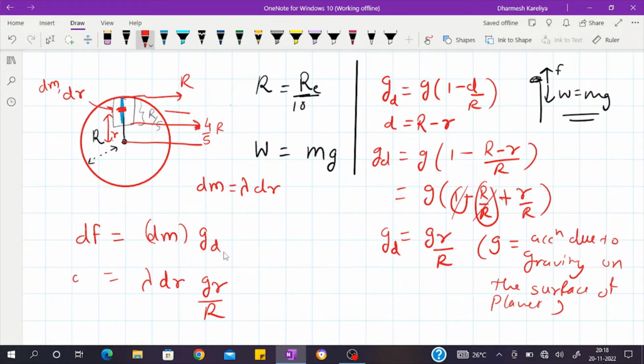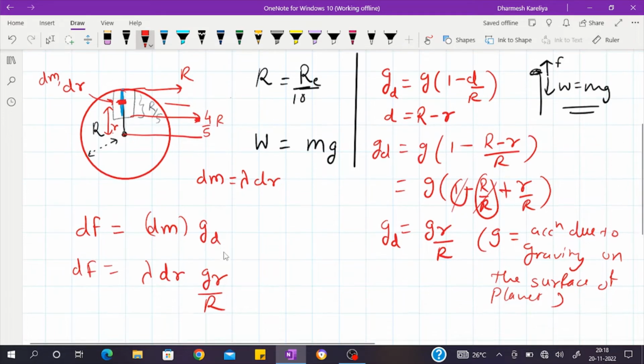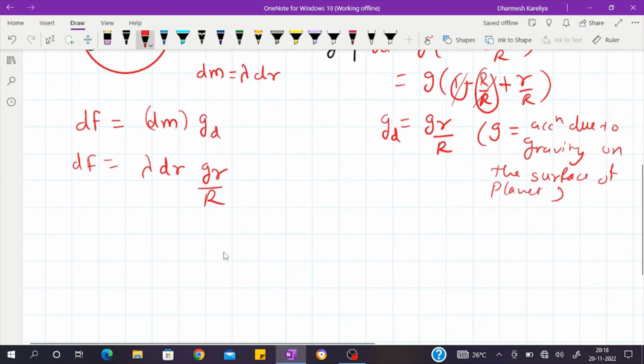So let us find the total force. dF is the force on the small element, the force to lift that small element. So the total force will be the integration of lambda g by R, these are constant, r dr, and the limits of integration are from 4R by 5 to R. Okay, let us simplify this.